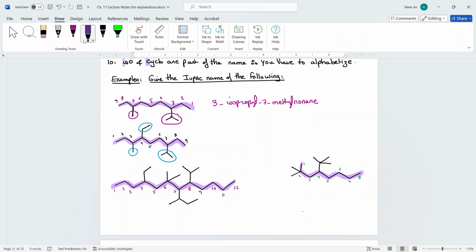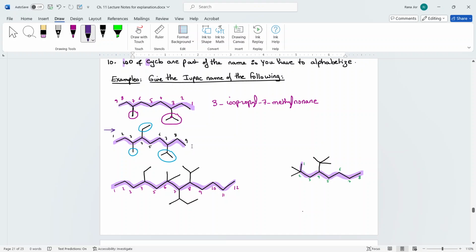Every time you want to choose the longest carbon chain, after you choose it, we want to make sure to give the substituents the lowest number. We don't care about alphabetizing them. We care about giving them the lowest number if they are more than 2 substituents. So over here, if I start numbering from this side, then my second substituent will be on carbon number 4.